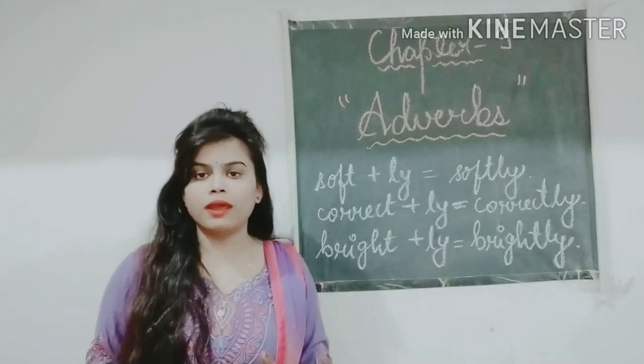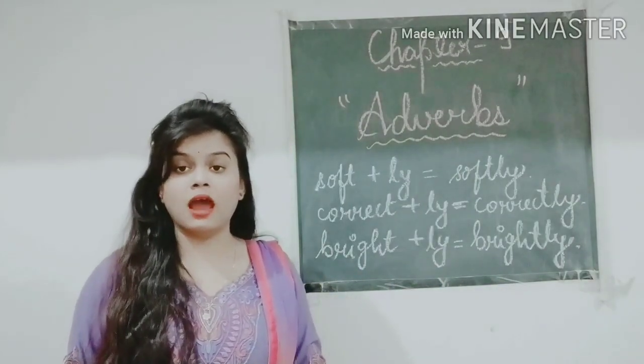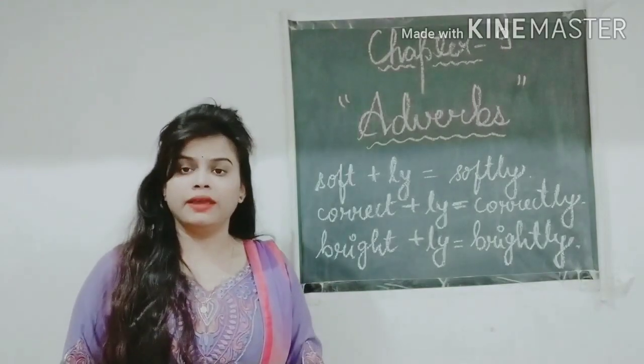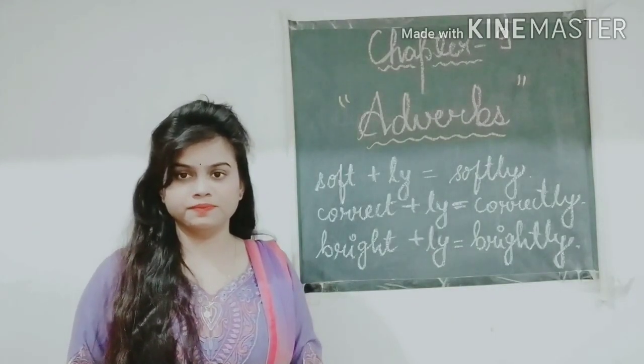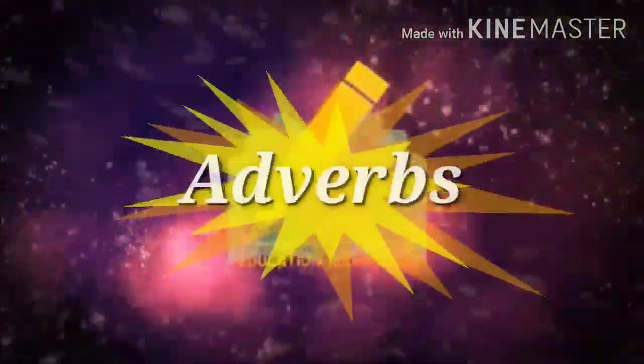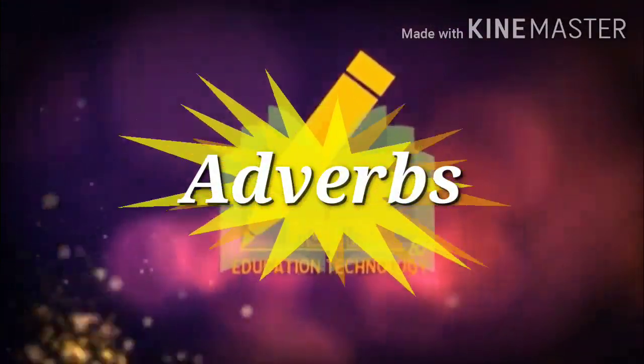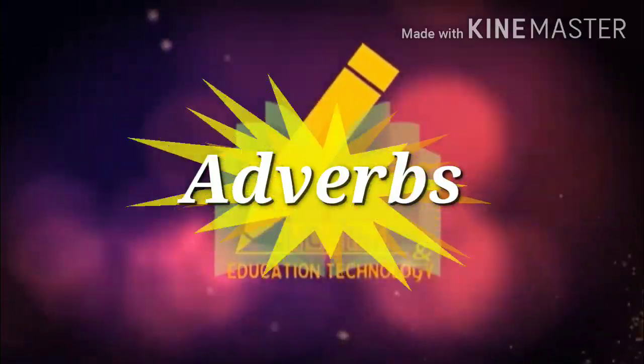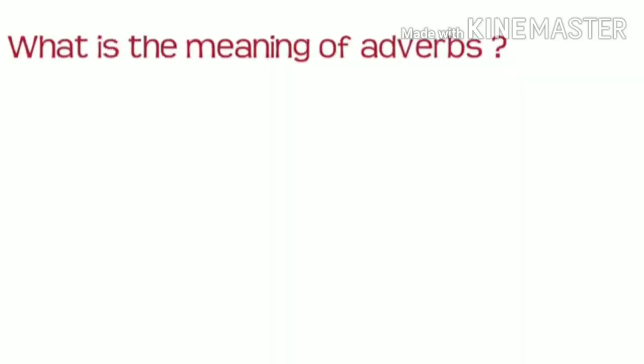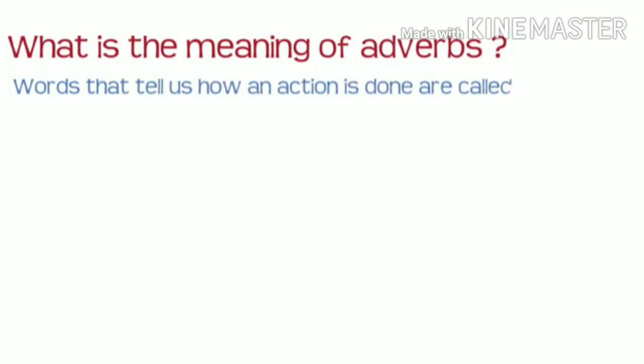Let us know more about adverbs and how they are formed by this video. What is the meaning of adverbs? Words that tell us how an action is done are called adverbs. Dear kids, we have some examples here.